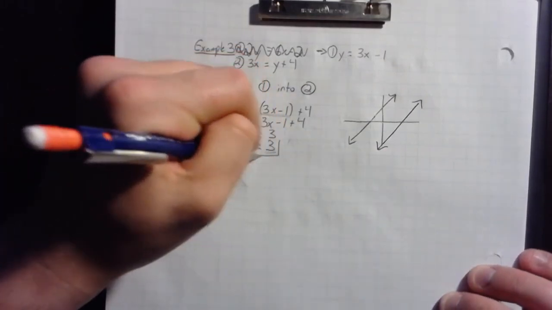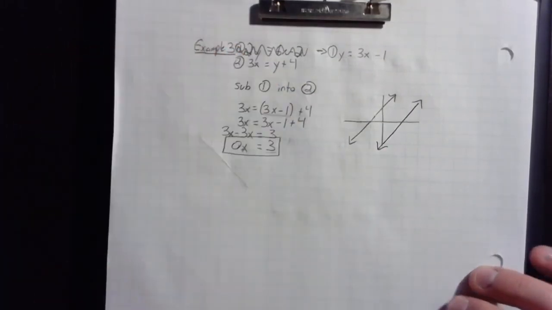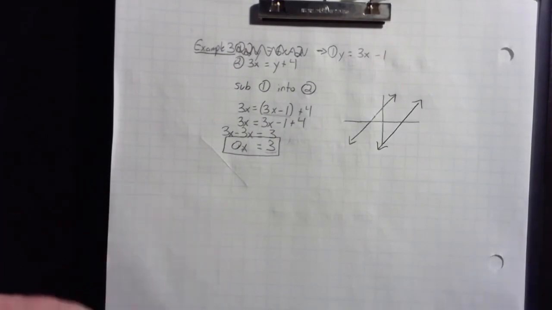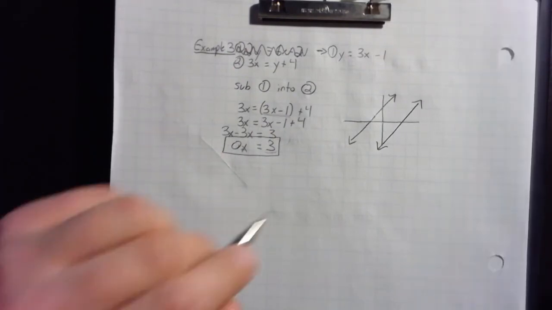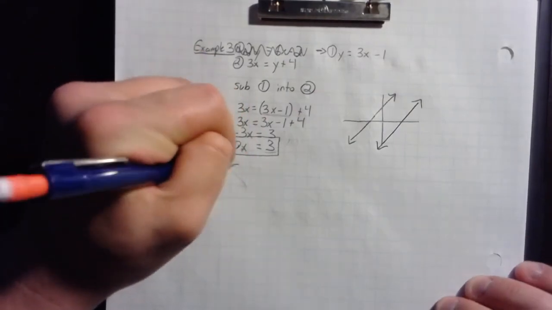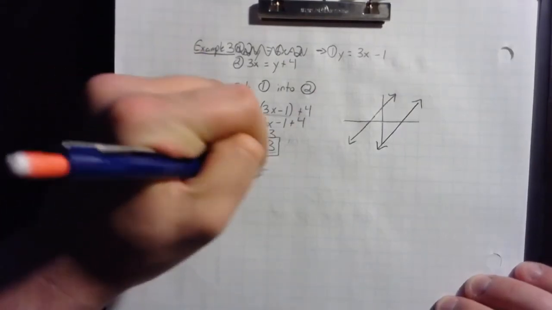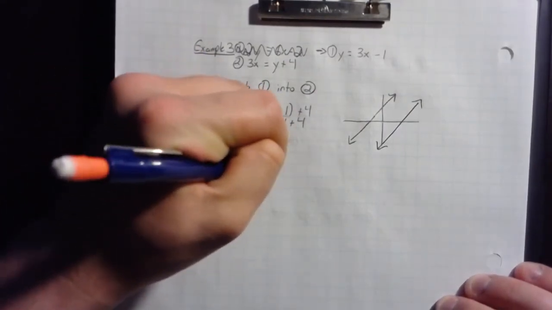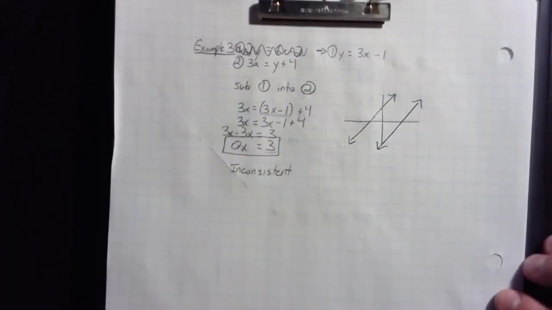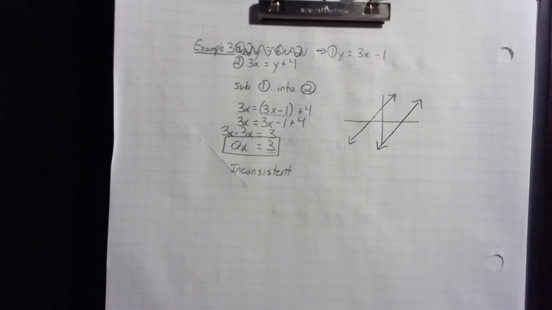So whenever you see 0x equals some other number other than 0, you know right away that you have an inconsistent system of equations that does not give you any solutions.